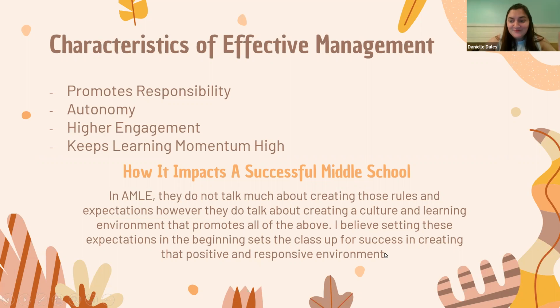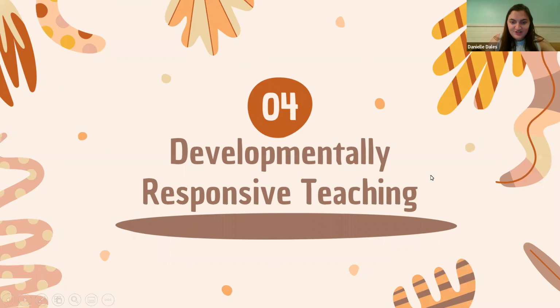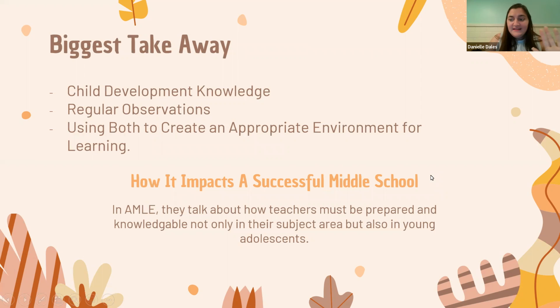And our last one is developmentally responsive teaching. This one is very, very simple. It is when a teacher uses her or his knowledge of child development and the many observations that they have of each student to create this appropriate environment of learning.